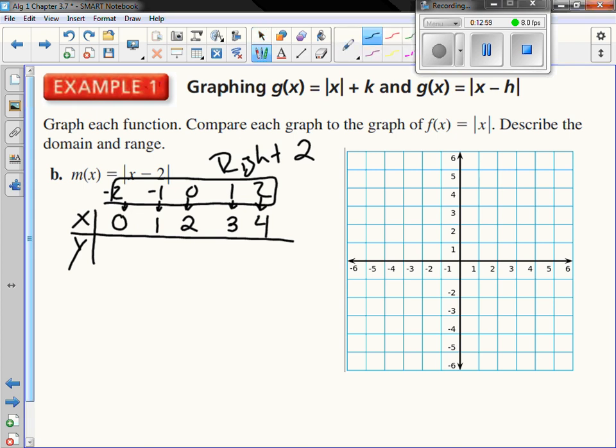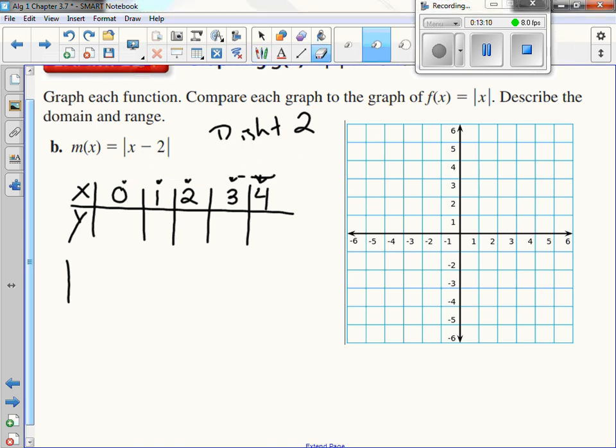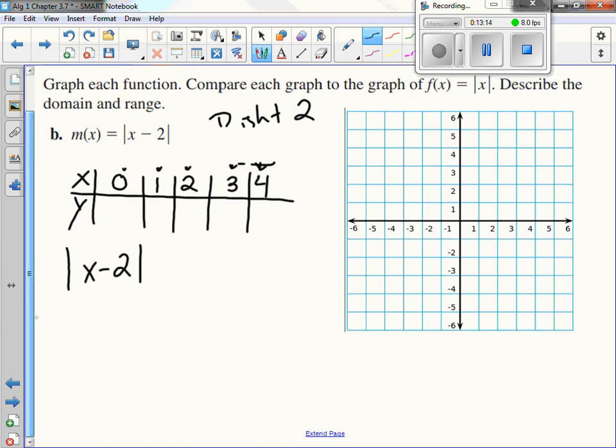Now at this point here, we're going to plug these points in for the absolute value of x minus 2. I'm going to erase these here so we can see it. So if I plug in 0 for this here, we have 0 minus 2. Well, what is 0 minus 2?